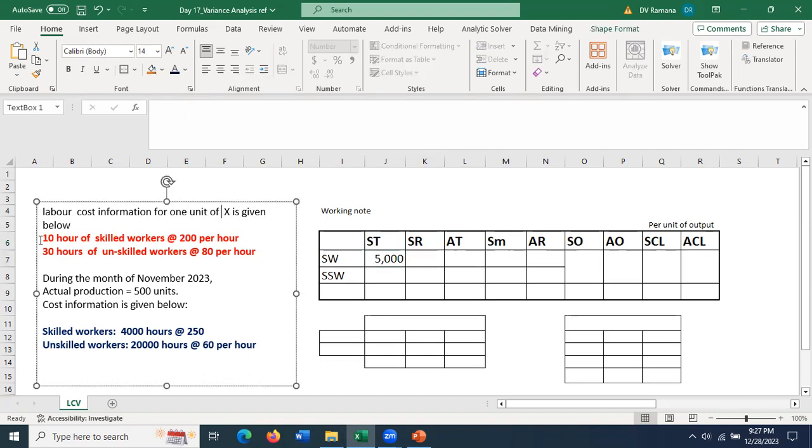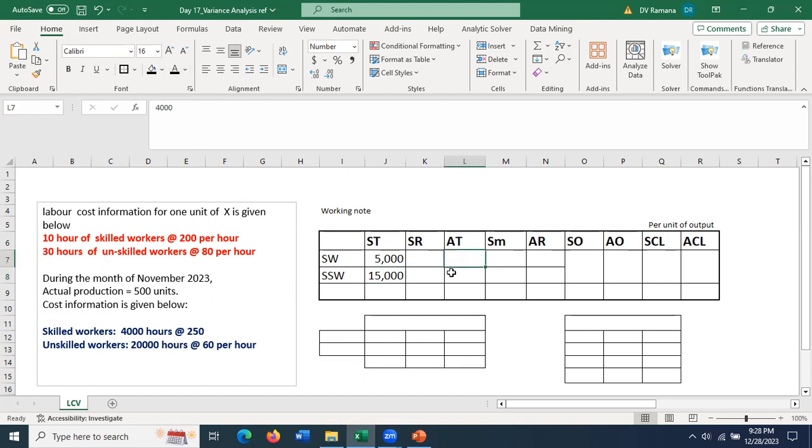For 1 unit, you require 10 hours, so the input-output ratio is 1:10. So 5,000 hours of skilled labor will be required. Similarly, for semi-skilled, 1 unit of output requires 30 hours. So 15,000 hours are required for 500 units.